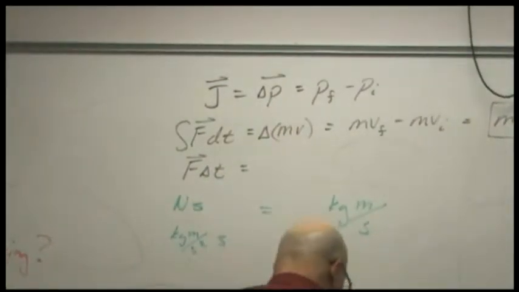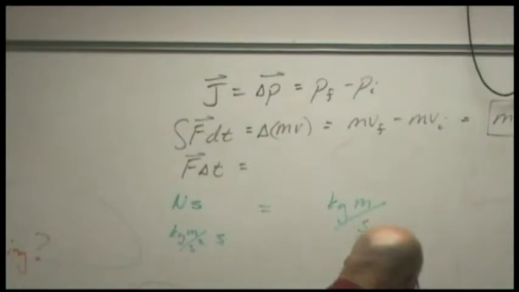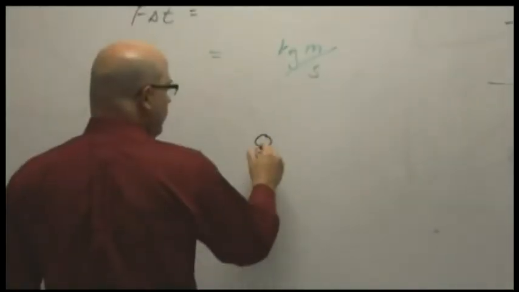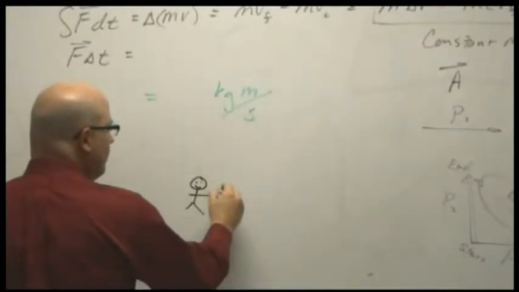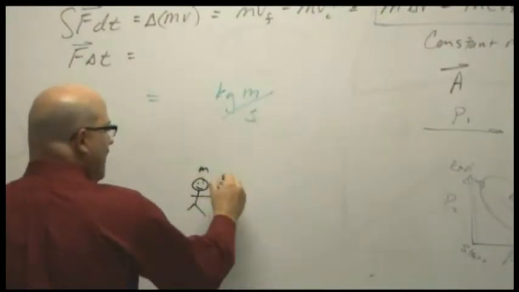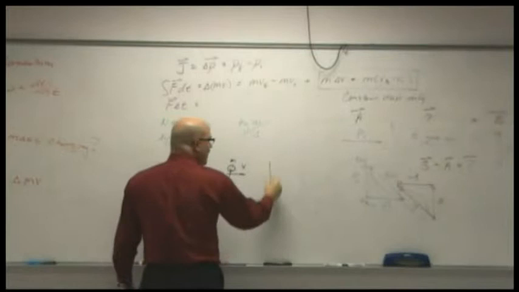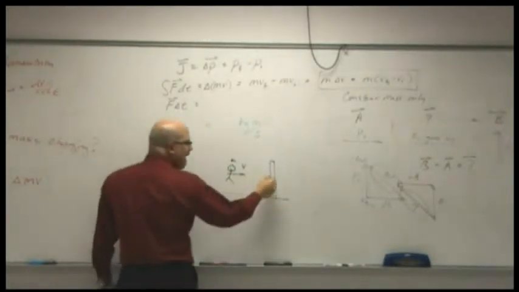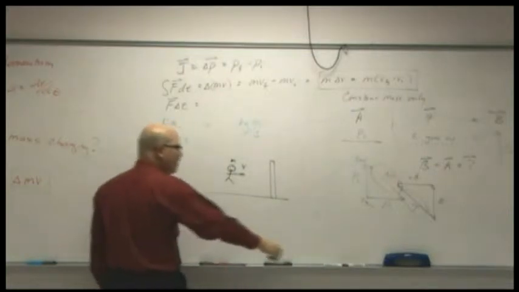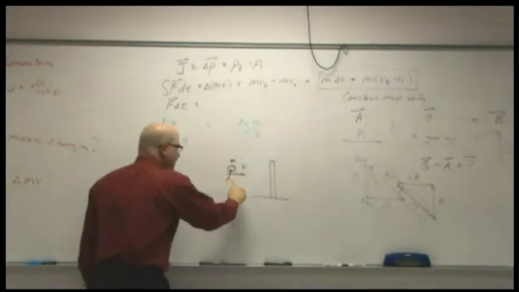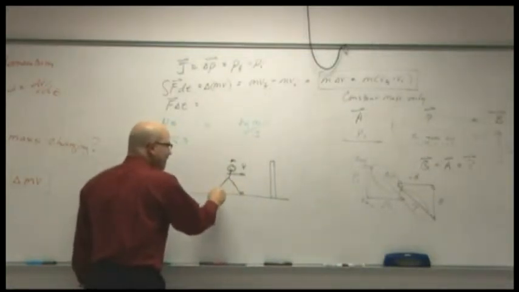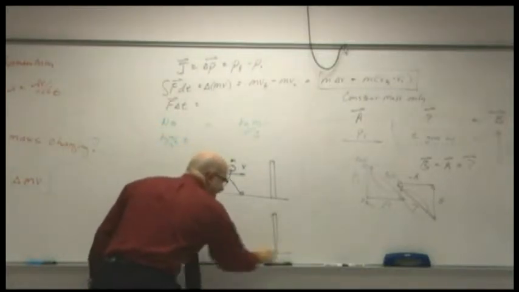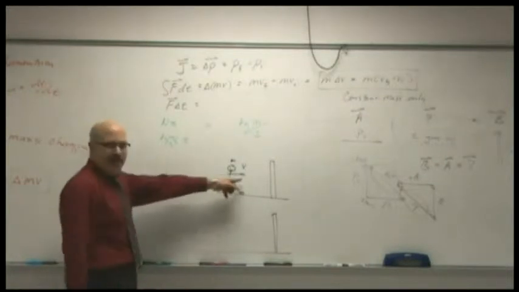So sometimes there are questions like, okay, you've got an object. Here's a person running this way. They have a mass, they have a velocity, and they're running this way. They run into a brick wall, and then afterwards, they're not even on the ground. How'd that happen? They got really long legs. They're carrying a spear.